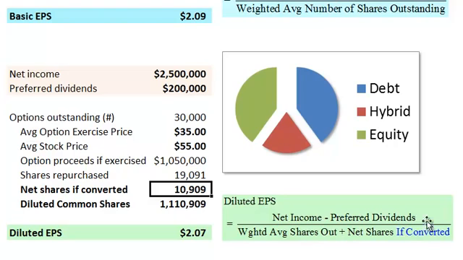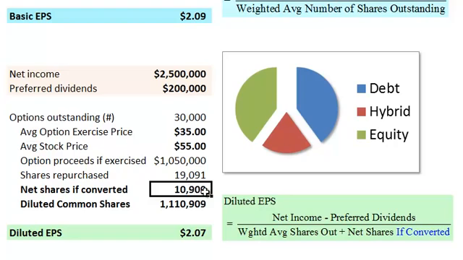And so that's the theory here behind the net shares if converted. Under these assumptions, those options, if they were all hypothetically exercised, remember this whole thing is just a mathematical exercise the company performs to just immediately calculate the instantaneous dilution impact if those hybrids were converted.